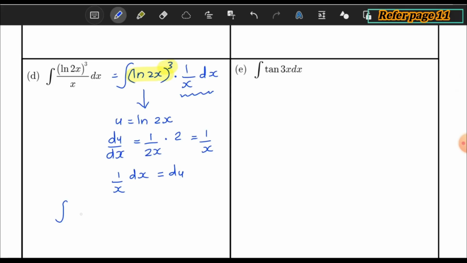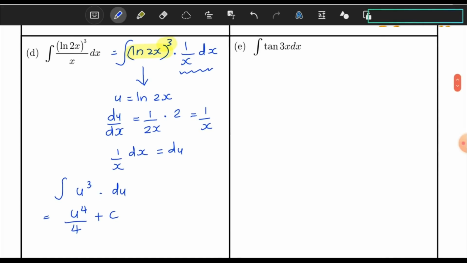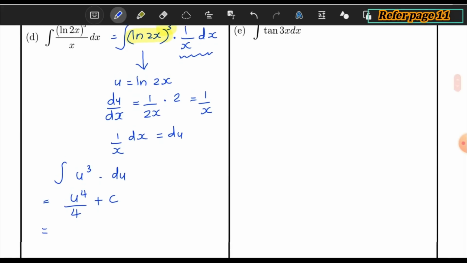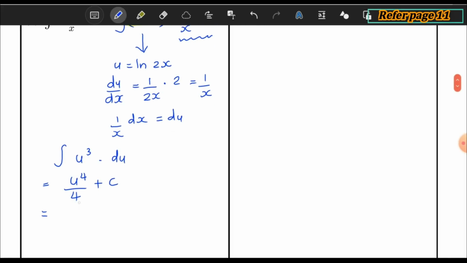Ln 2x cubed is u cubed times 1 over x dx is du, equal to u power of 4 over 4 plus c. And as final step, we substitute the answer in terms of x. Ln 2x power of 4 over 4 plus c.